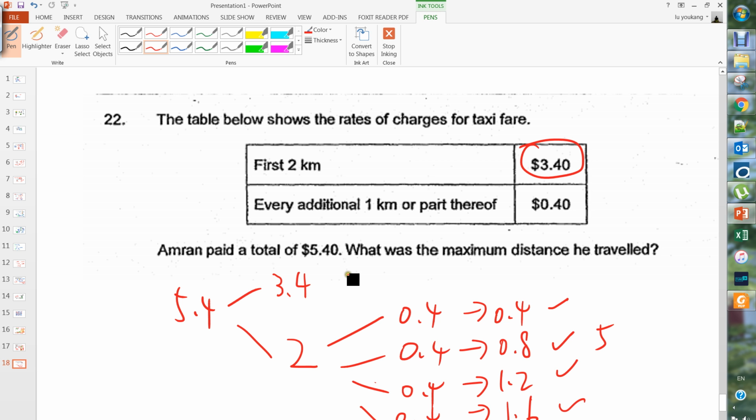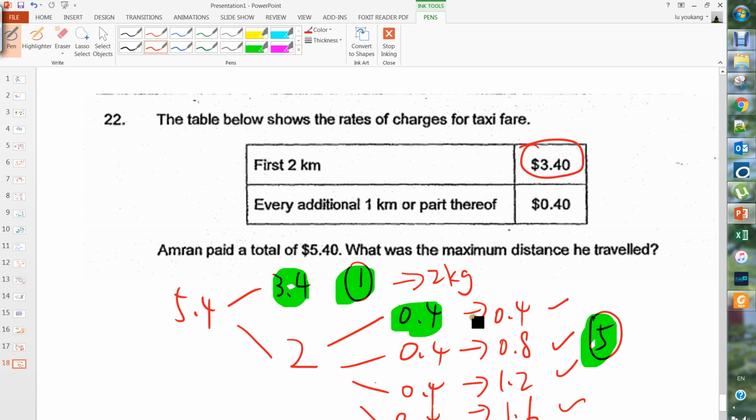And then you have 1 3.4. You have 5 0.4. So 1 3.4, 5 0.4. Okay? So that means 3.4 is for 2 kilometers, right? Yeah. So 0.4 is for 1 kilometer. Yeah. And you have how many of them? 5. This is not kg.